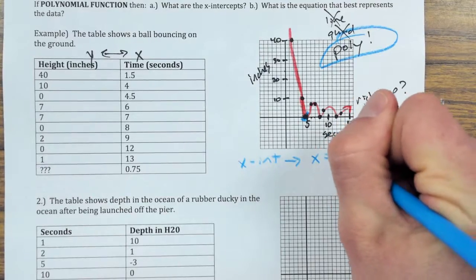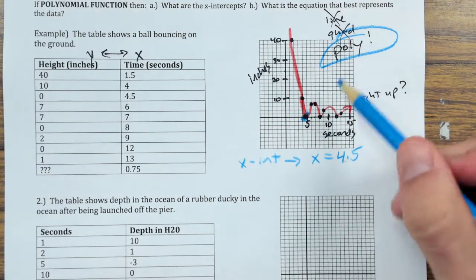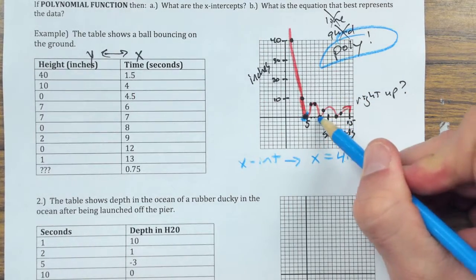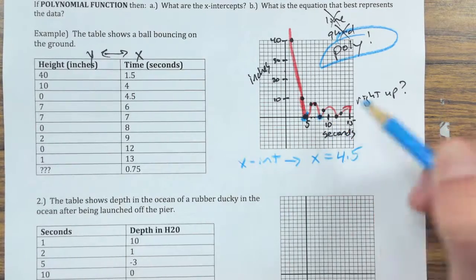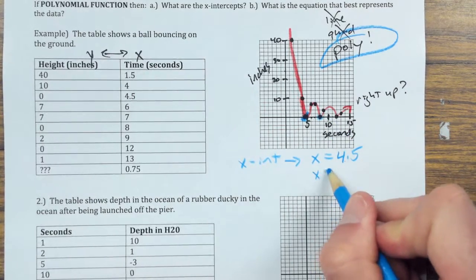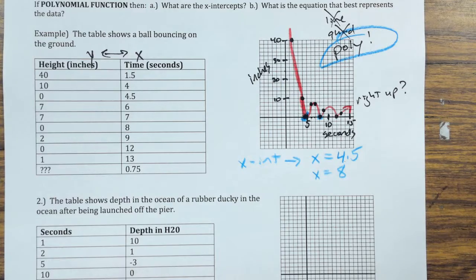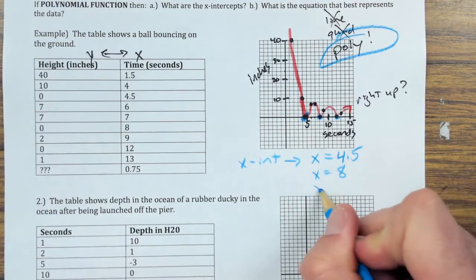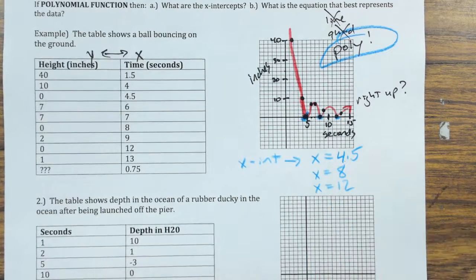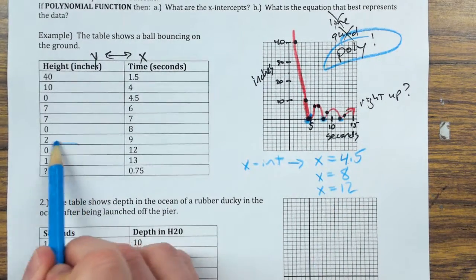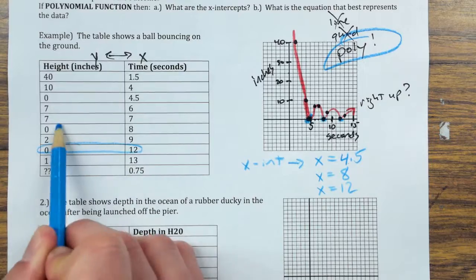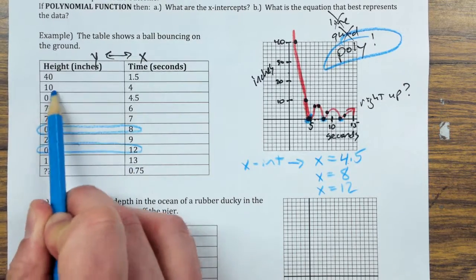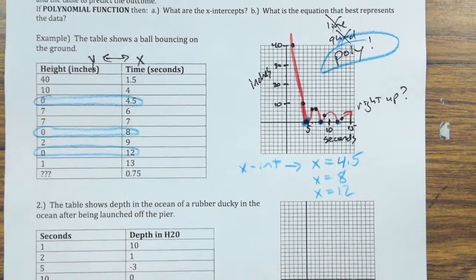So it appears that the ball first hit the x-axis right here at 4.5. And then the ball hit the x-axis right here at 8. And then the ball hit the x-axis here at 12. And if we go to our table, that was going on right here, here, and here.